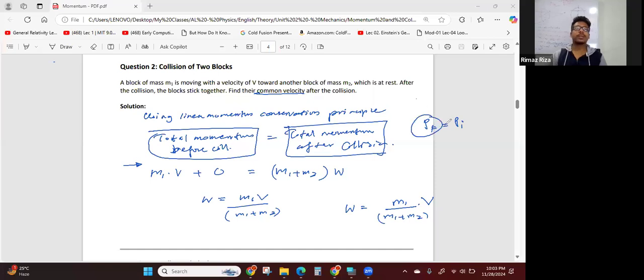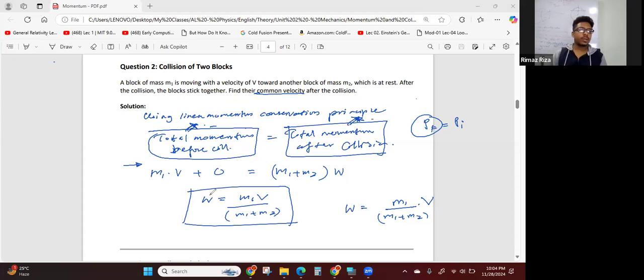This is the final momentum, the total momentum after the collision, and this is the initial momentum, the total momentum before the collision of the system. Right, so therefore here you get the common velocity m1 times v over m1 plus m2.